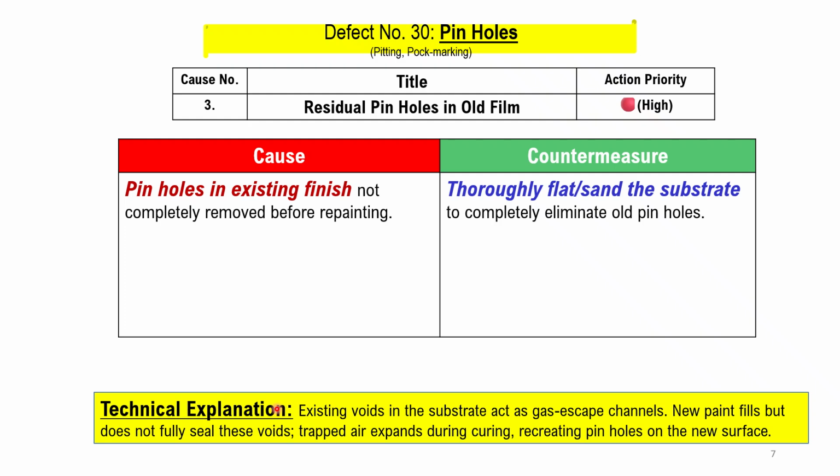New paint fills but does not fully seal these voids. Trapped air expands during curing, recreating pinholes on the new surface. Therefore, thoroughly sand the substrate to completely eliminate the old pinholes.